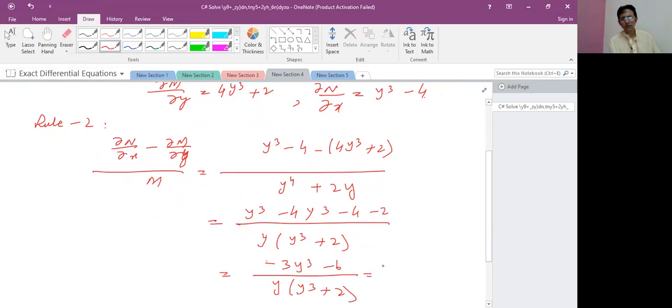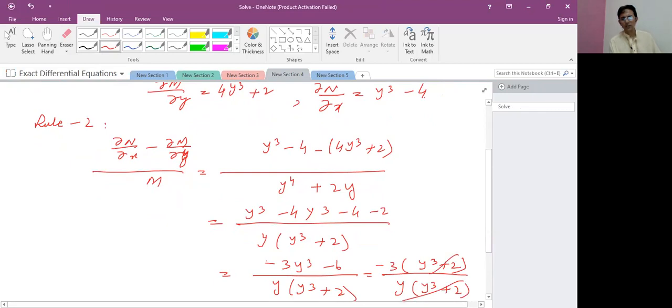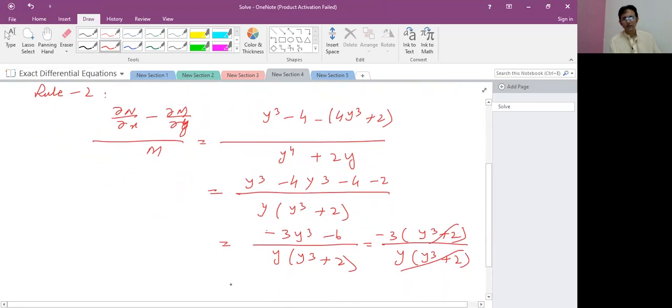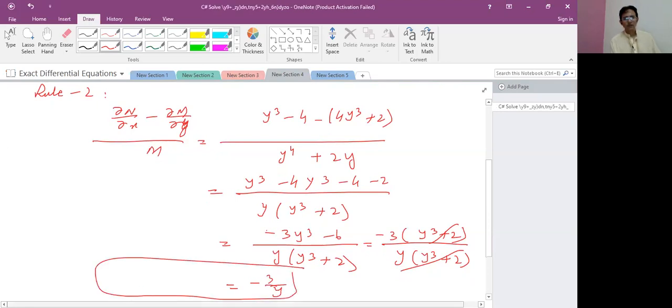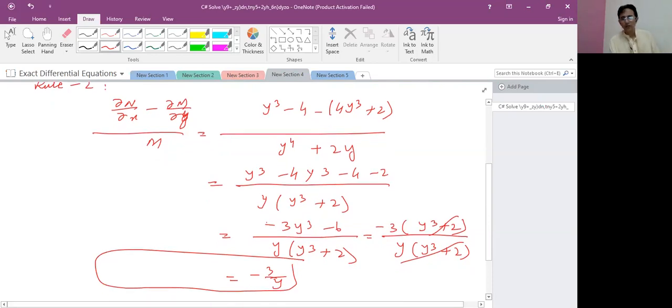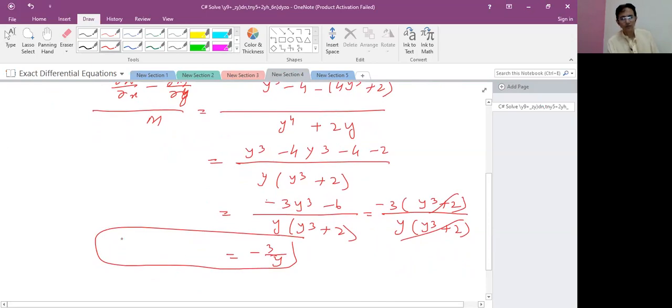In the next step, student, we take common minus 3, so minus 3 times y cube plus 2 whole upon y times y cube plus 2. They cancel each other, they are divided, minus 3 upon y. This is the partial derivative of n with respect to x minus the partial derivative of m with respect to y, whole upon m. They have determined in this step.